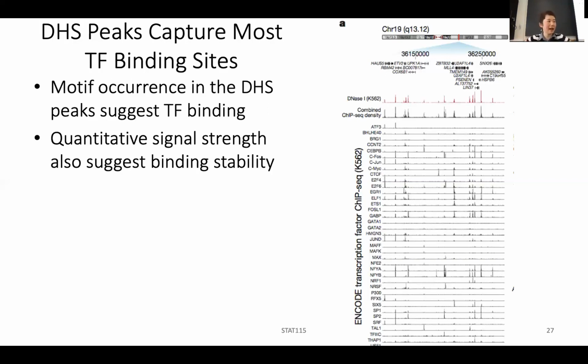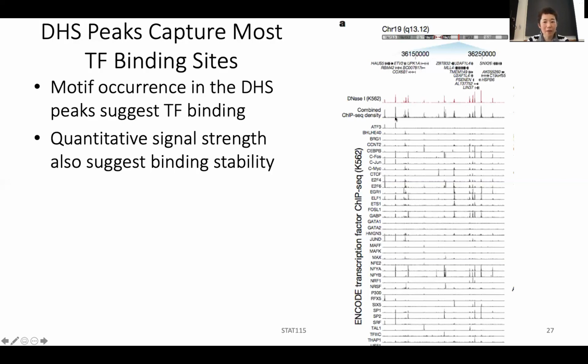Because every cell you do DNase on, you get maybe hundreds of thousands of peaks. Another cell you do DNase, you get hundreds of thousands of peaks. You look at all of this, and transcription factor binding should really overlap with the DNase hypersensitivity peaks. And so having high overlap with the DNase is another indication of the quality of your ChIP-seq.